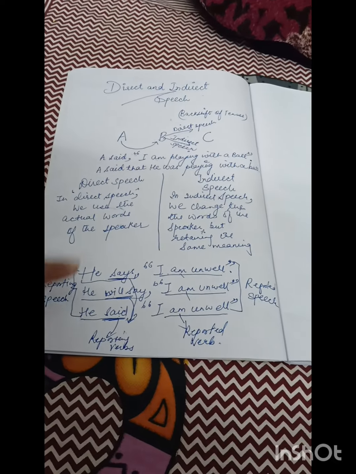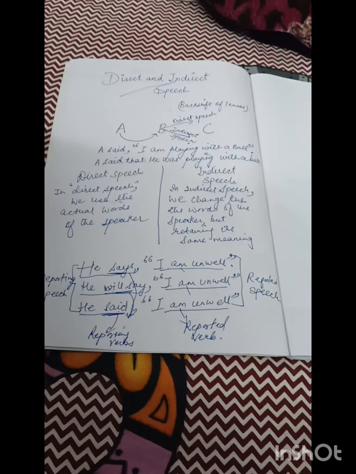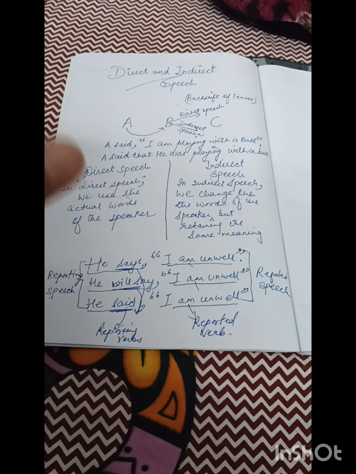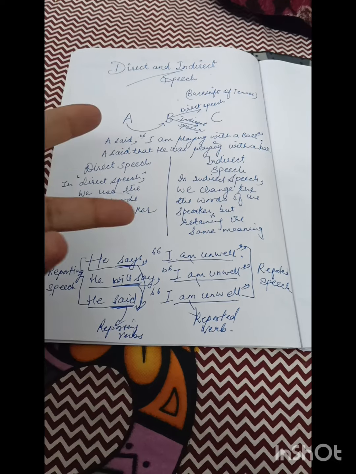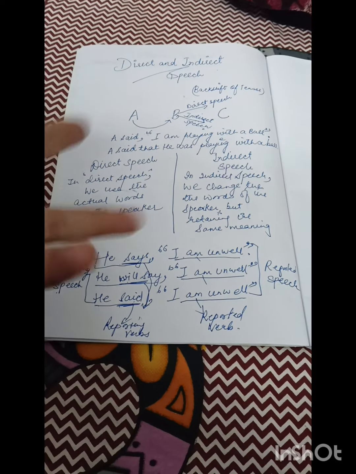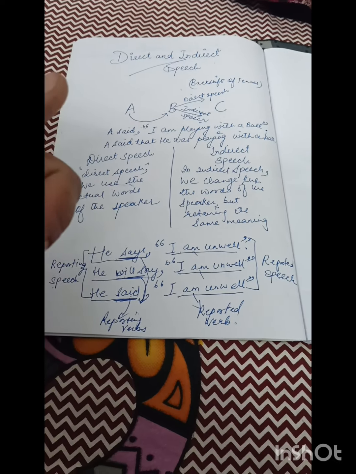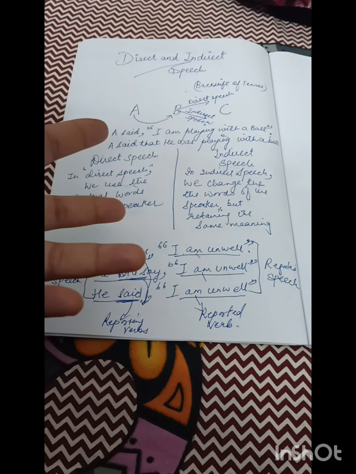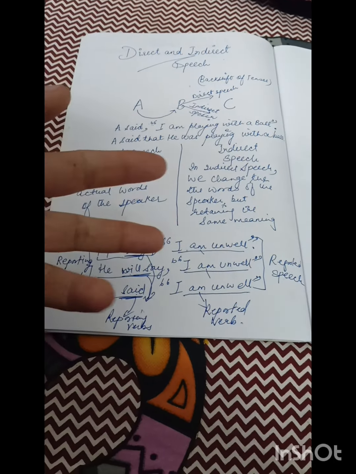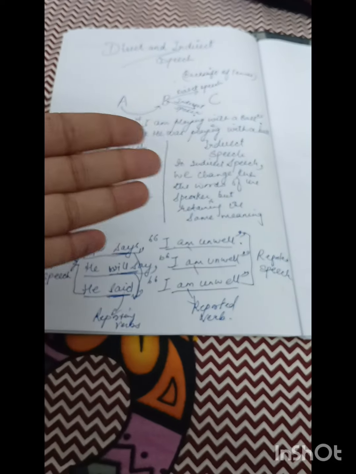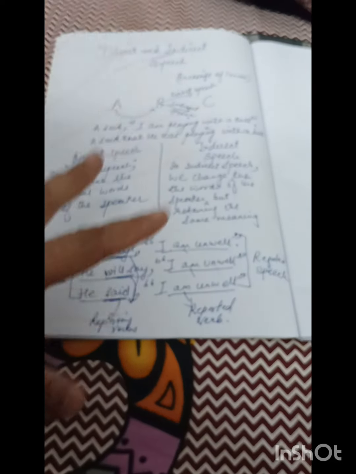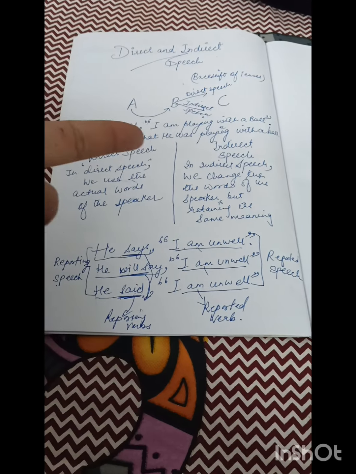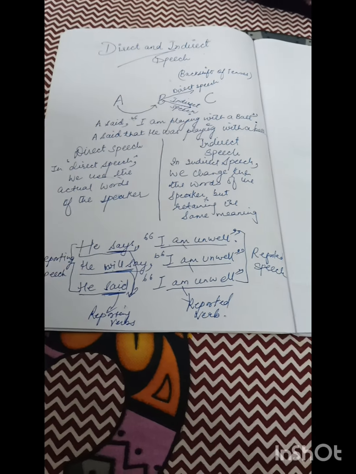Now, when I change these sentences from direct speech to indirect speech, there are certain rules that we have to follow. It actually matters that whatever you are doing goes according to the rules of reported speech. For that, you have to remember the four main and basic rules for reported speech. Let me begin with rule number 1.